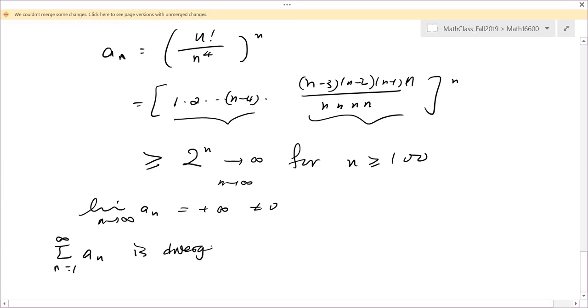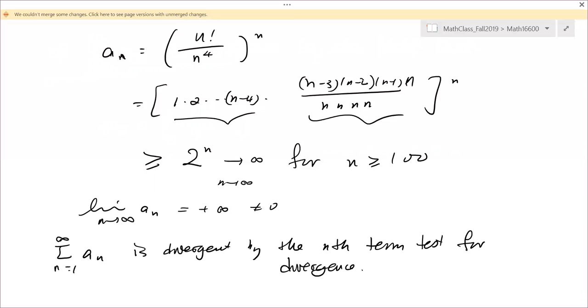It is divergent by the nth term test for divergence.